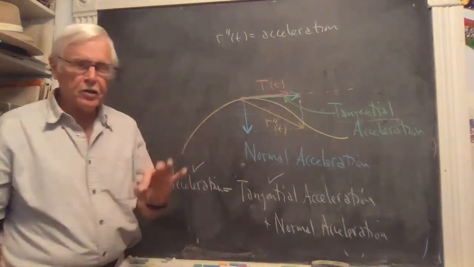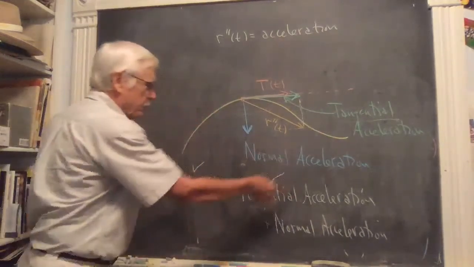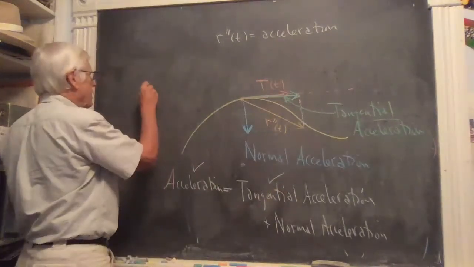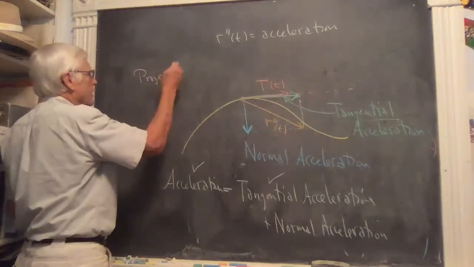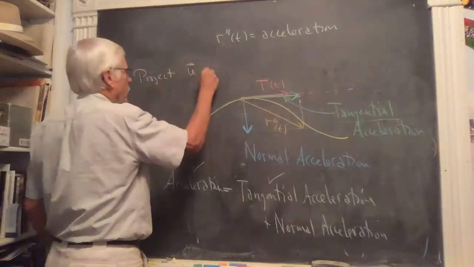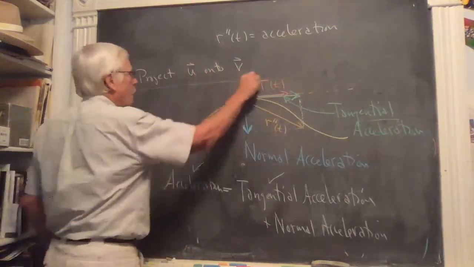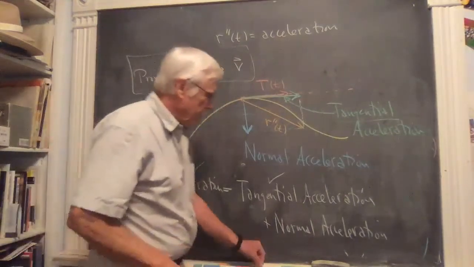If you haven't done it, please do it by Wednesday. I'd like to know how to do this, not just for these vectors, which are complicated because they've got T's in them, but any vectors. Project a given vector u onto another given vector v. Just how do you do this? How do you project one vector onto another?